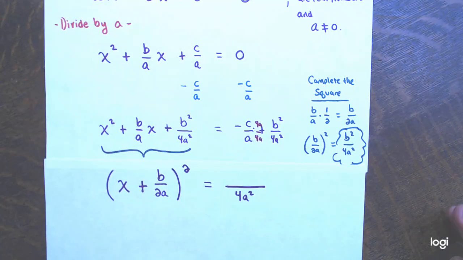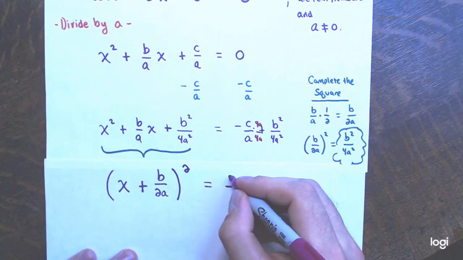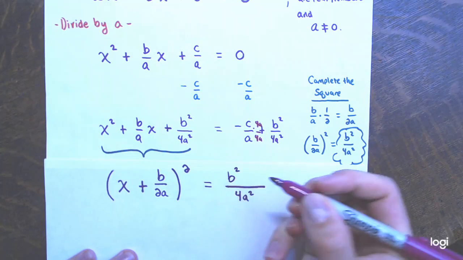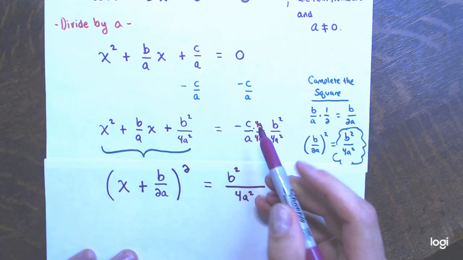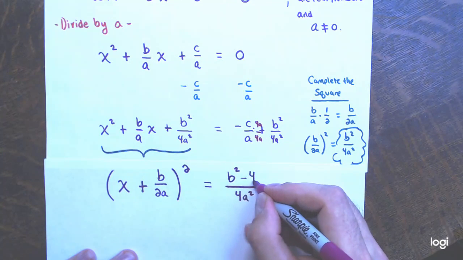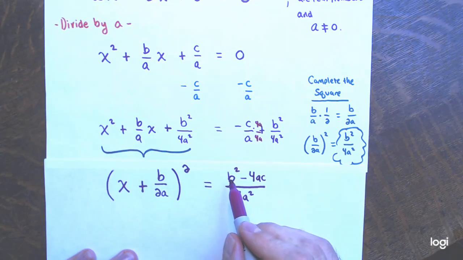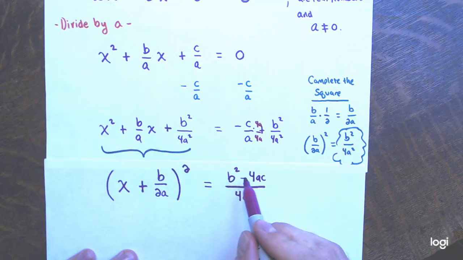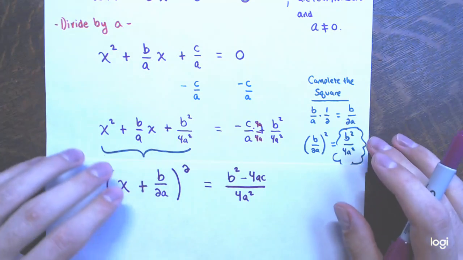But very often you're going to see this written where the positive term is first. So the positive b squared is usually written first, and then the negative 4ac is written second. So the sum of these two fractions is b squared minus 4ac, all in the numerator, divided by 4 times a squared in the denominator.